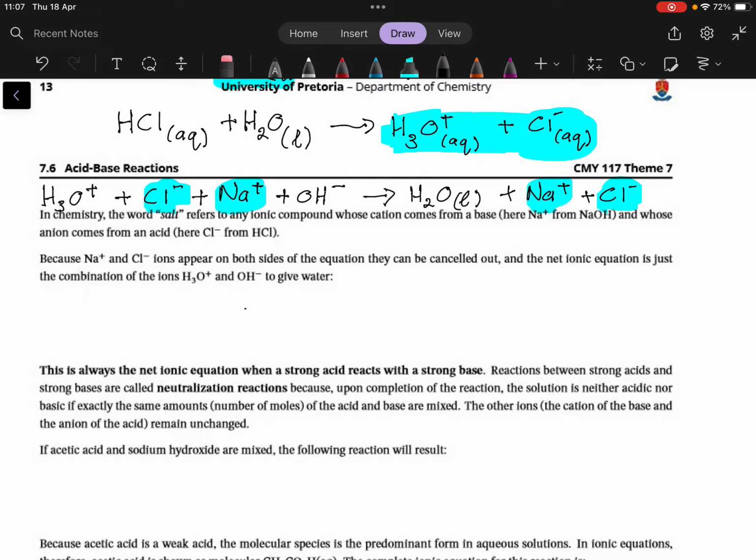So if we write the net ionic equation for that, we will get H3O+, which is of course in the aqueous state, plus OH-, also in the aqueous state, to form water.